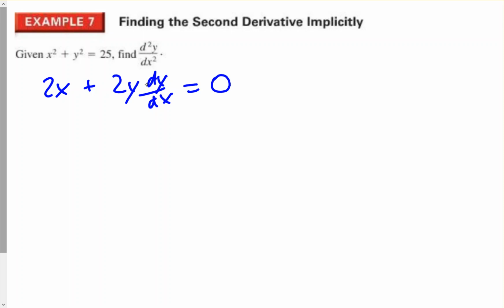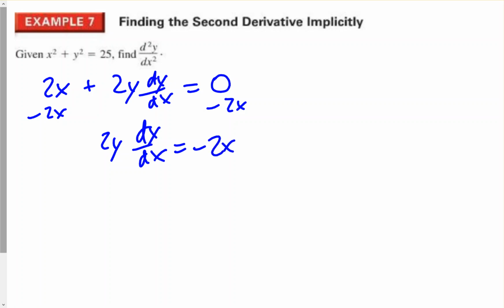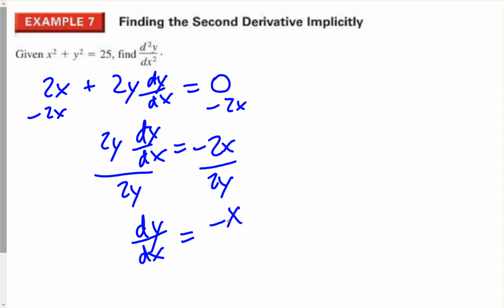Again, solve for dy dx, so subtract 2x from both sides. 2y times dy dx equals negative 2x. Divide by 2y. So we get dy dx equals, and here we can cancel out the 2's, so we're left with negative x over y.